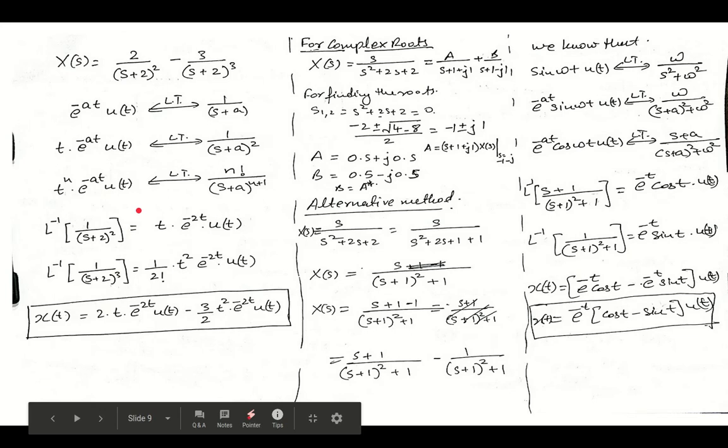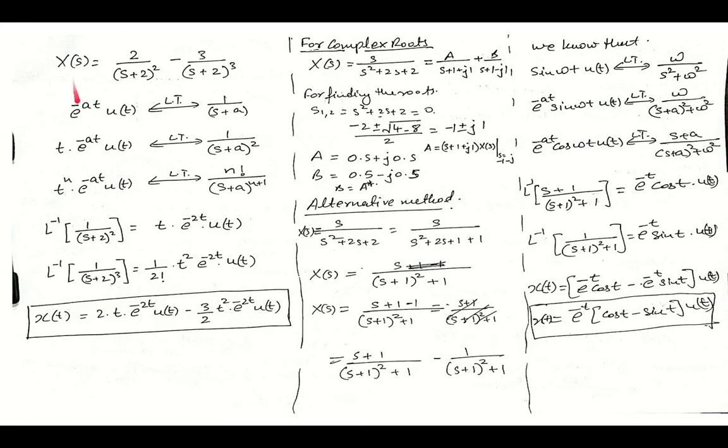Now if we have to find its inverse, we already know that e to the power minus at u(t) is 1 upon s plus a, and if we multiply a term t into e to the power minus at u(t), it will give us 1 upon (s plus a) whole square. And if we multiply t to the power n into e to the power minus at u(t), then its Laplace transform is given as n factorial upon (s plus a) to the power n plus 1.